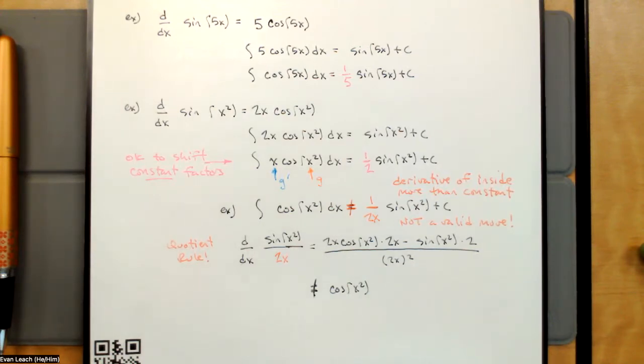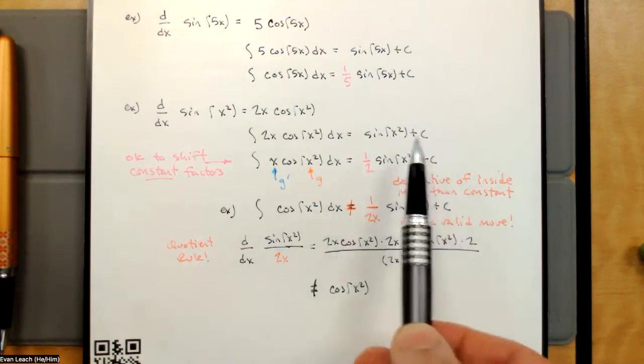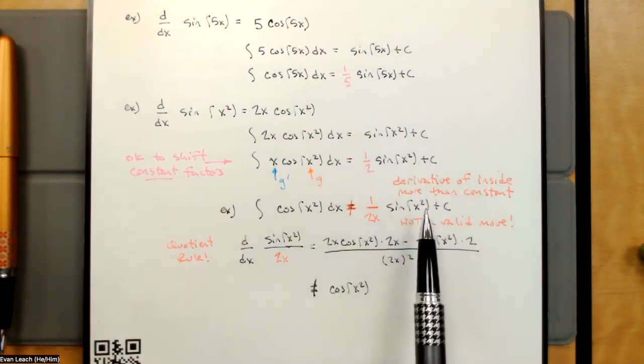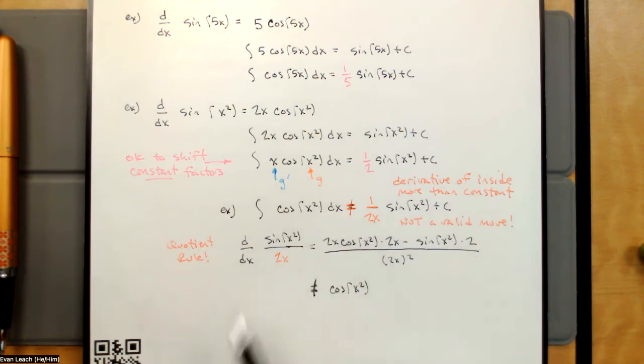The other thing I want to reinforce here is that when you found what you think is the antiderivative, if you take the derivative, you should get back to the start. That's why we call them derivative and antiderivative. So if you find an antiderivative, you should be able to derivative your way back to what you started with.